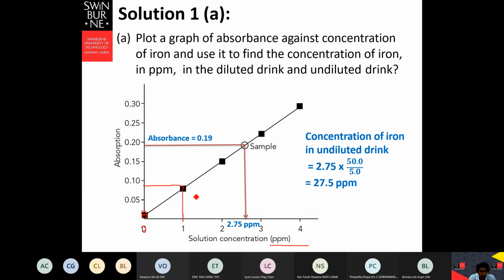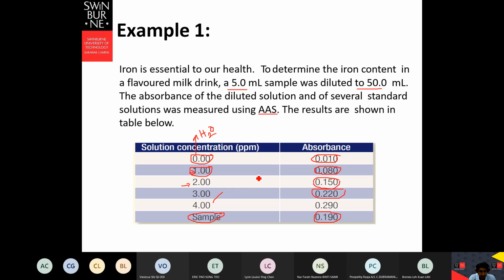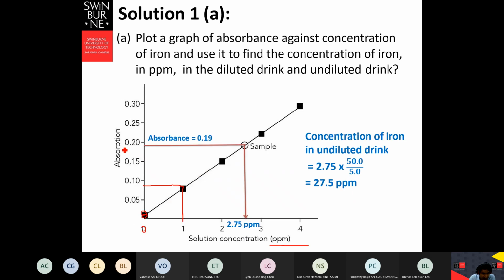So on, for 2 ppm it is 0.15. So for 2 ppm, I put a mark here, like this way. All those samples, the graph I prepared in this way.